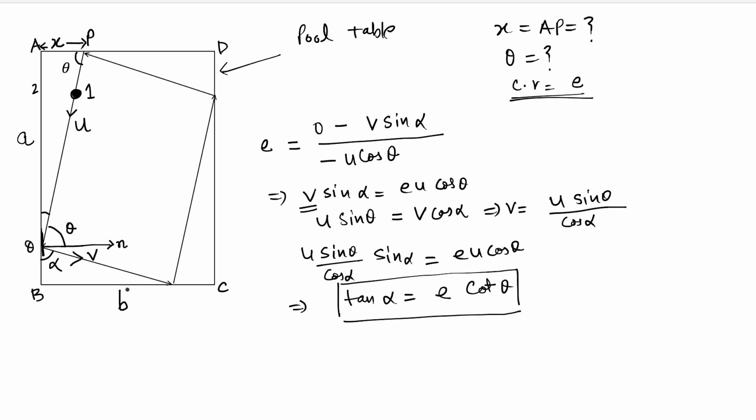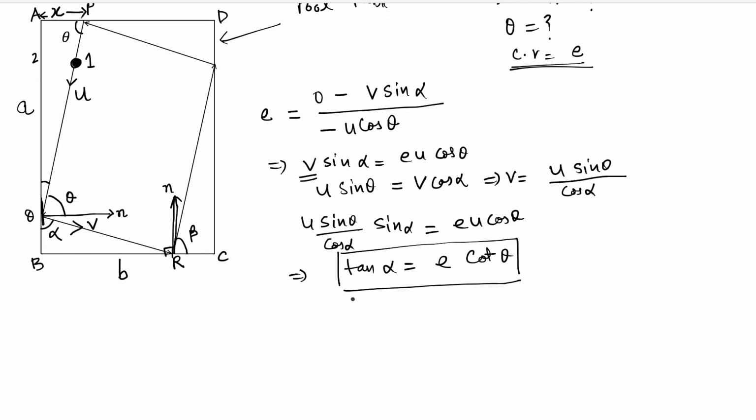Now we can again take this point as r, and let's say this angle is beta, right? Okay, and if we write the same equation with this normal, this time this is the normal, then what do we get?